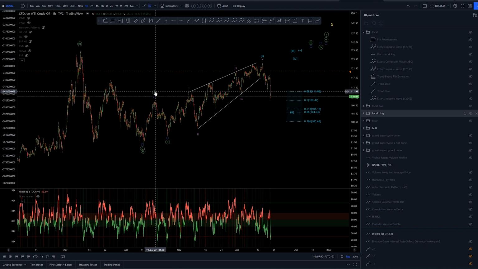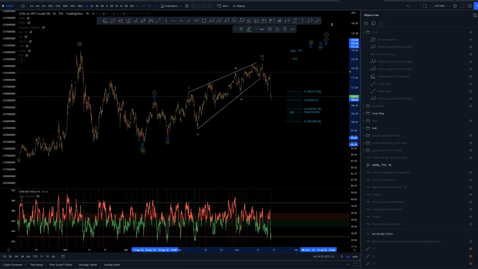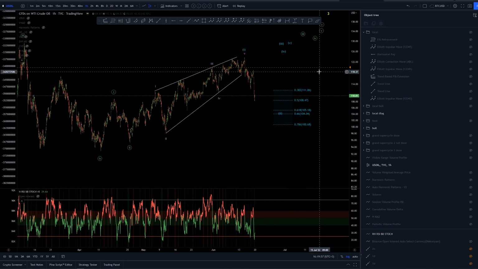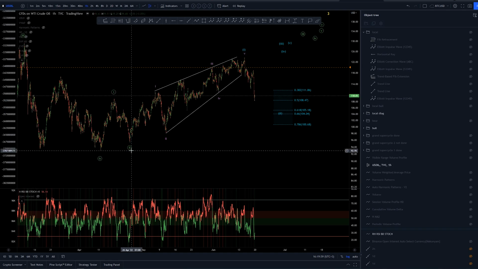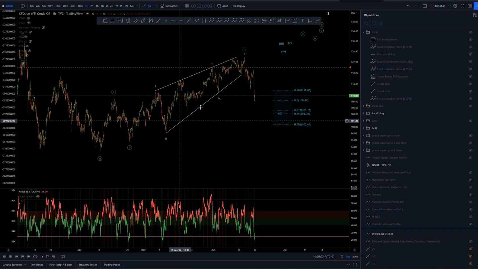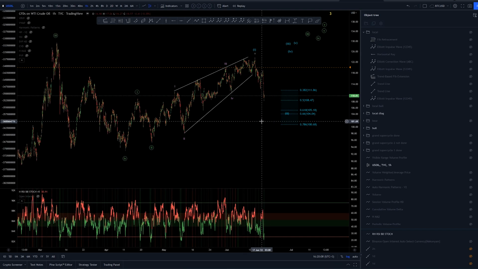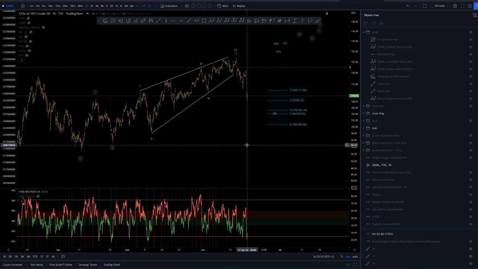Again, don't mind the degrees here, as I'm using the same counts for different counts here on bearish and bullish on higher time frames, so these degrees on these local time frames are not correct. But just to mention, on this one we have a 1 2 1 2 3 4 5 into another 1, so 1 2 1 2. Currently looking for wave 2 to come down and then to go high again.